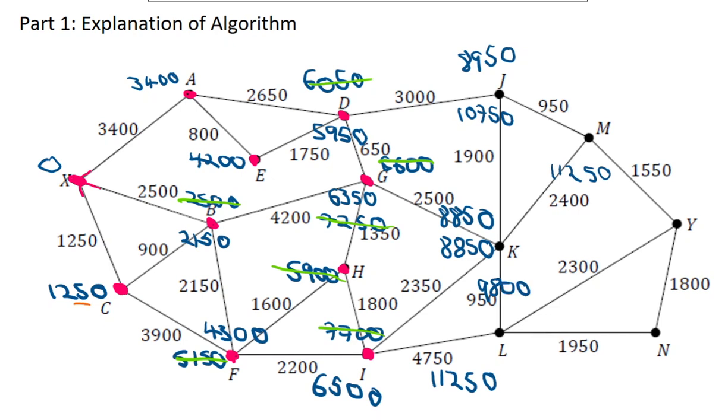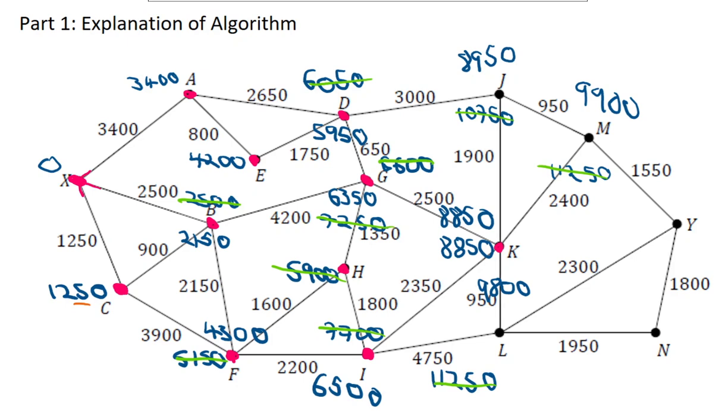Now we do know that's gone and that's gone. And the 8950 plus the 950 is 9900. So now, and that 1250 is gone from there. So, and K is visited. So the next one to look at is L for 9800.